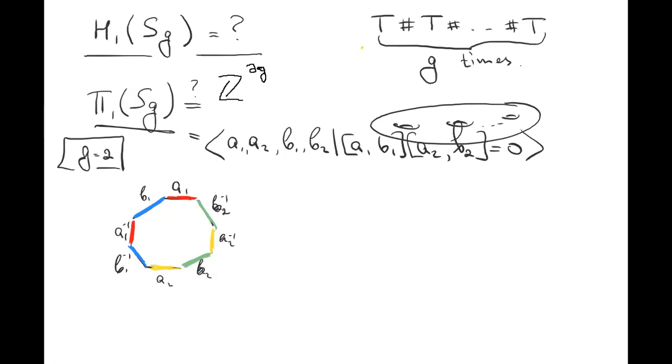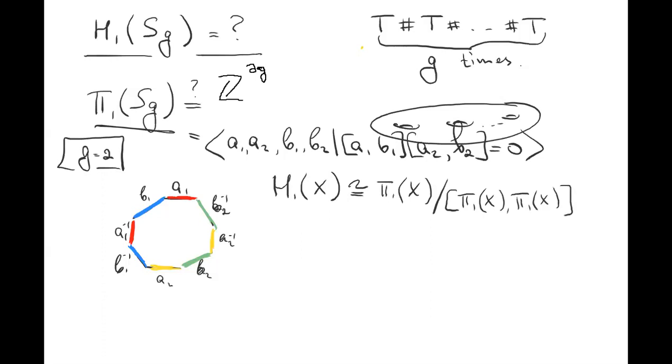Okay, so now there was something in the lecture such that H1 of any space X is isomorphic to pi1 of X modulo the commutator subgroup. Okay, this is just the abelianization of pi1.